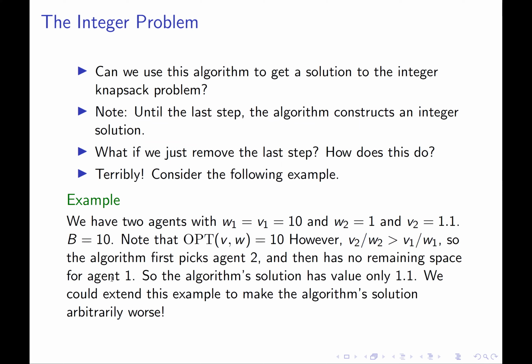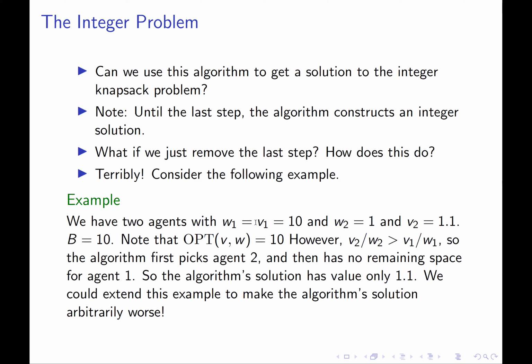And here's a simple way to see it. Suppose we have a knapsack whose size is 10. And we've got 2 bidders, and one of the bidders has size 10 and value 10. So he could fit into the knapsack, but if we put him in, there'd be no room left in it.